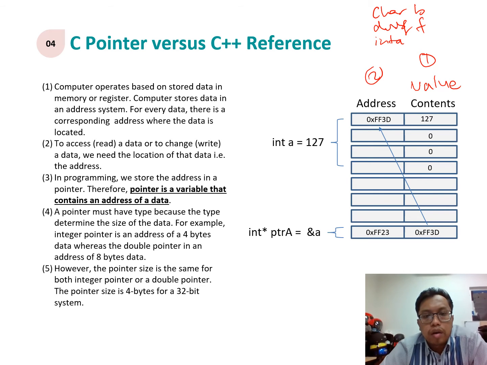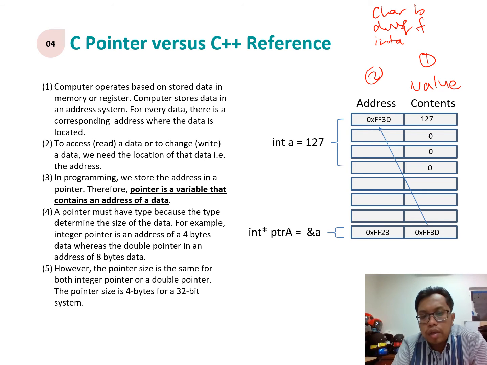This is a normal variable, but a pointer is a variable that contains the address of data. So you cannot say integer pointer a equal to a. No, it will cause an error. It must contain the address of something, which can be the address of another variable.